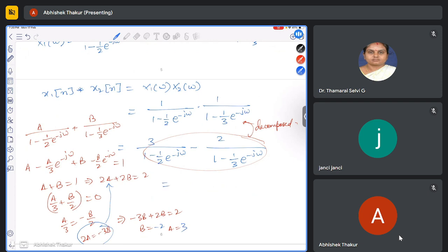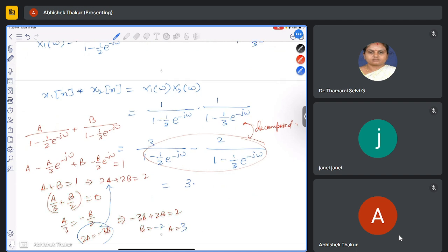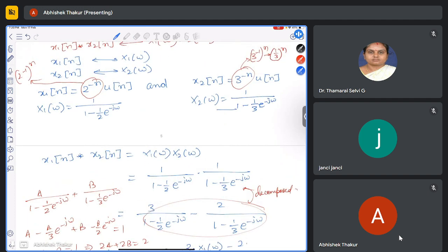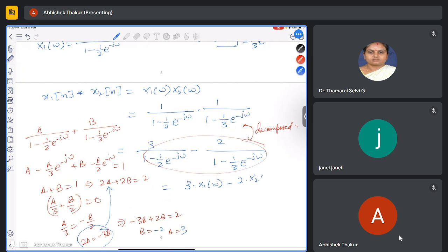So now we can write it as 3 into X1 of omega, and this is our 1 by 1 minus 2, minus 2 into this is our X2 of omega.